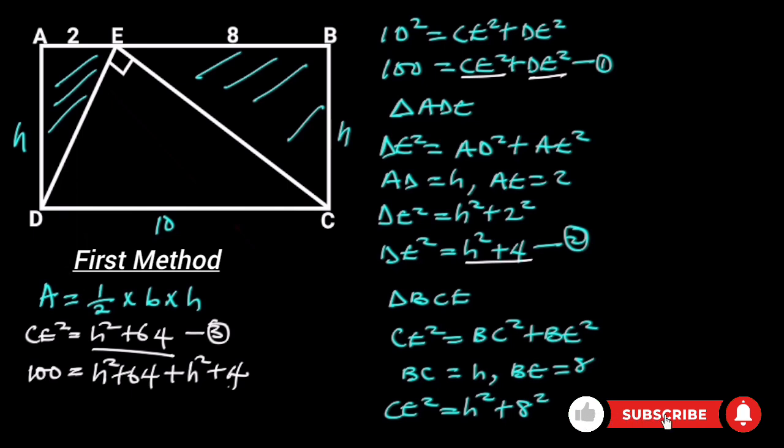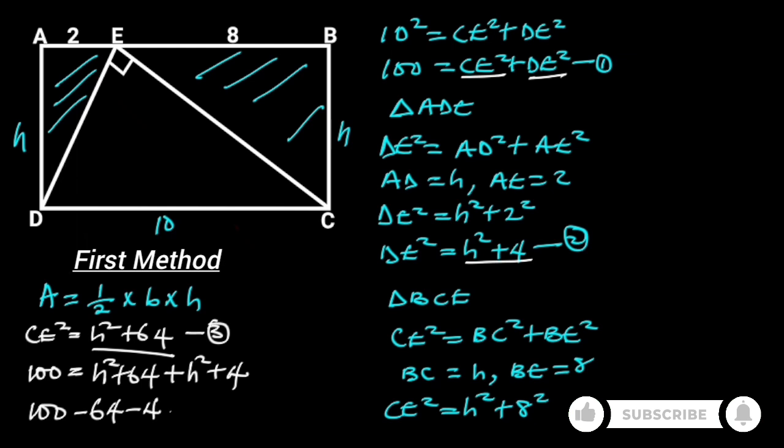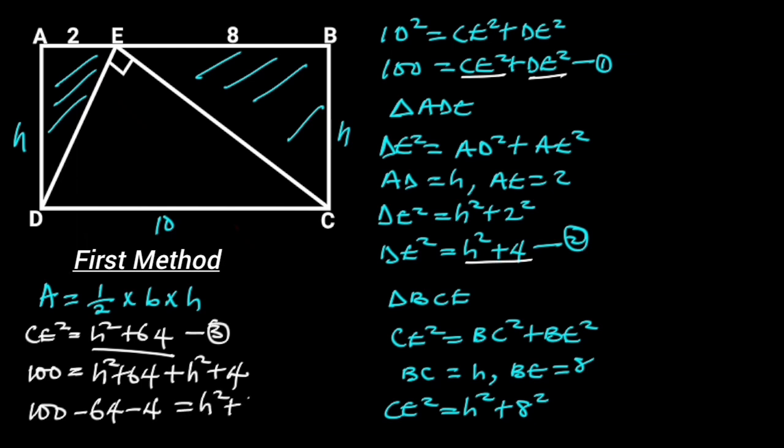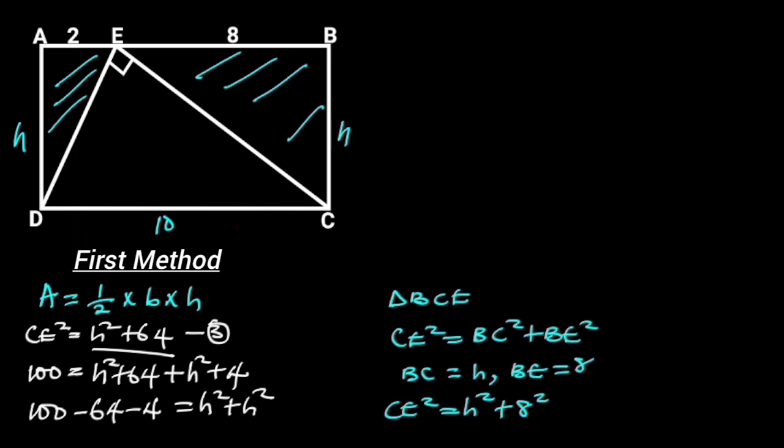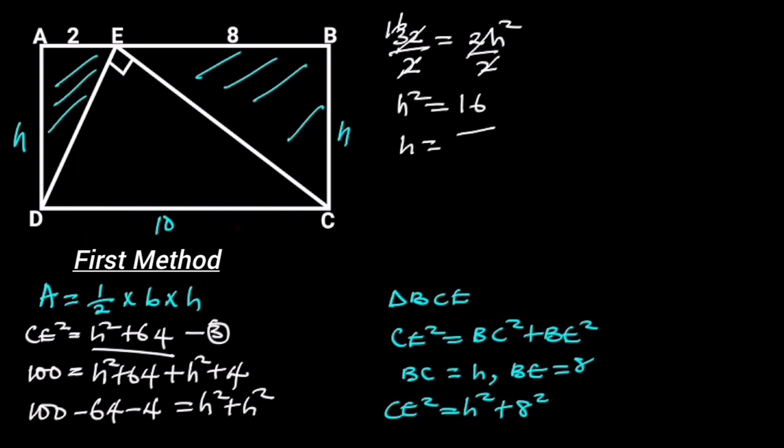Collecting like terms will give us 100 minus 64 minus 4 is equal to h squared plus h squared, which will leave us with 32 is equal to 2h squared. Dividing through by 2. 2 will cancel out 2, and 32 divided by 2 is 16. So, we are left with h squared is equal to 16. Taking the square root of both sides will give us h is equal to 4.